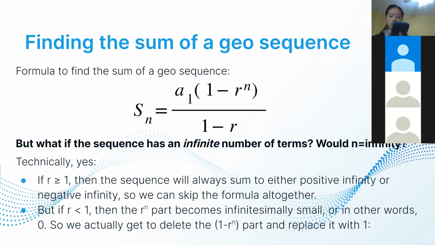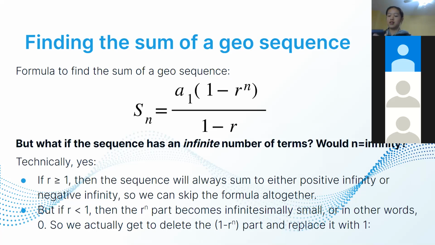For example, I'm going to choose 0.5. If I multiply that by 0.5 again, the number is going to get smaller. So now it's 0.25. If I multiply that by 0.5 again, it's going to get smaller. If I continue, you can see that every time it's getting smaller and smaller.